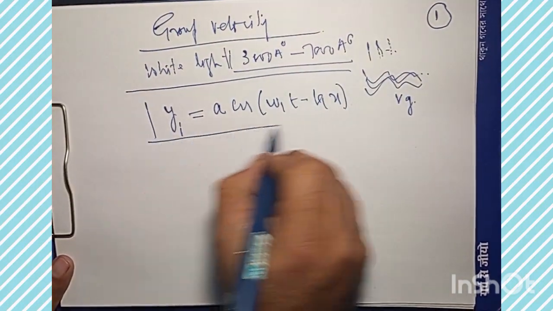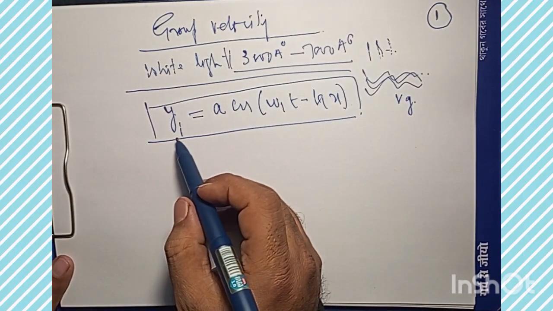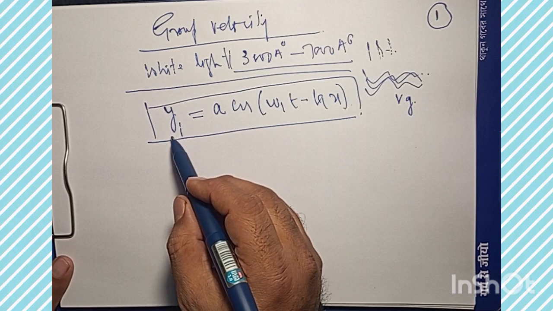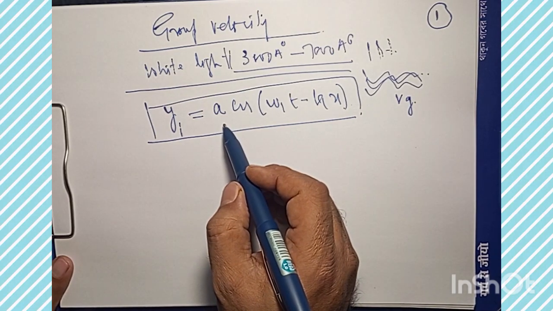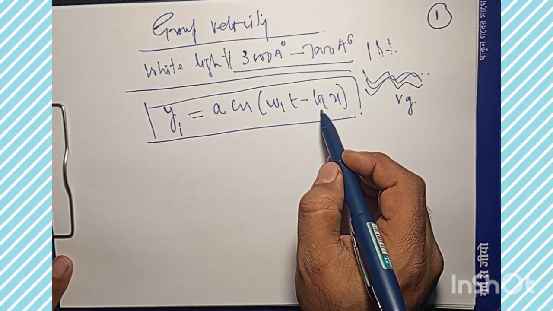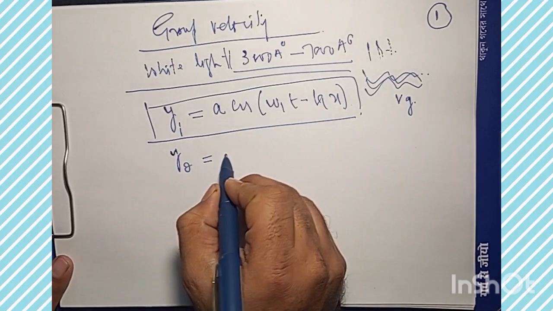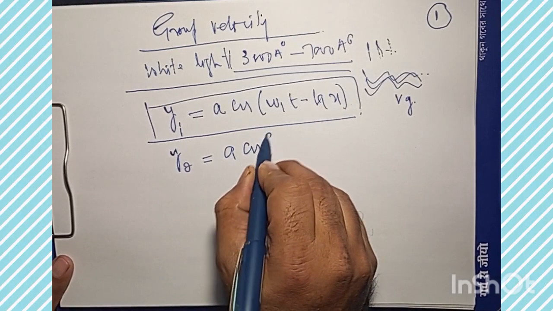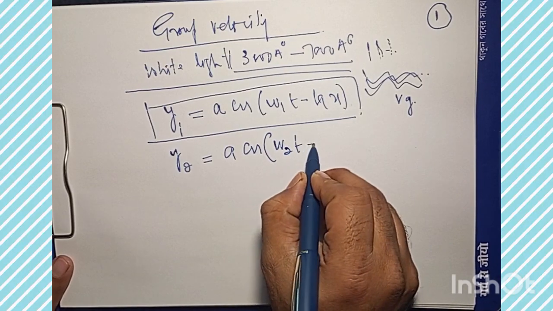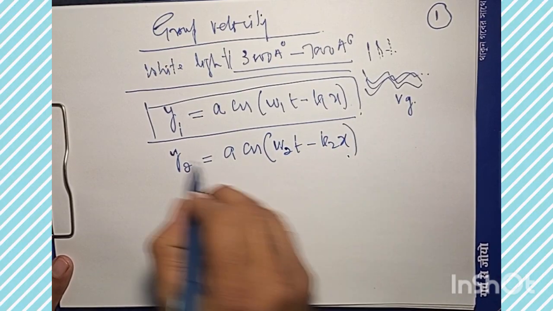Now this is the displacement of a wave given by y1, where a is the amplitude of the wave, omega is the angular frequency, and k is the propagation vector. And if we choose another wave of the same amplitude with slightly different frequency, cos(omega2 t minus k2 x).